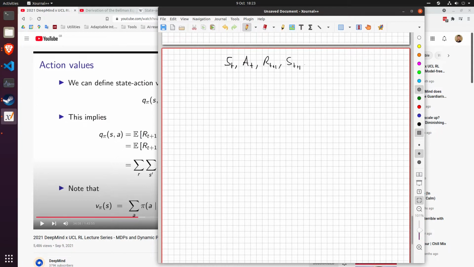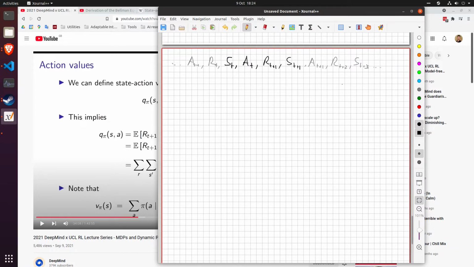And just to complete that, after that, we can do another action at time t plus 1, and that will give us a reward at time t plus 2, and a state at time t plus 2. And by the way, this state came together with a reward at time t, and that came from an action done at time t minus 1, and so on.